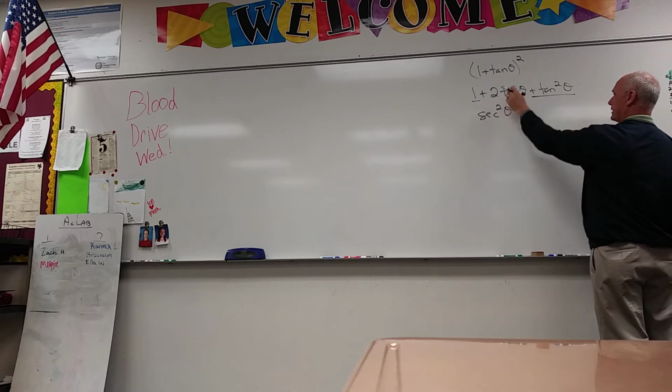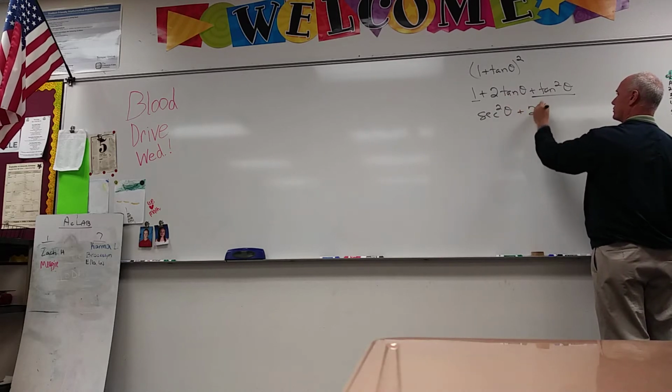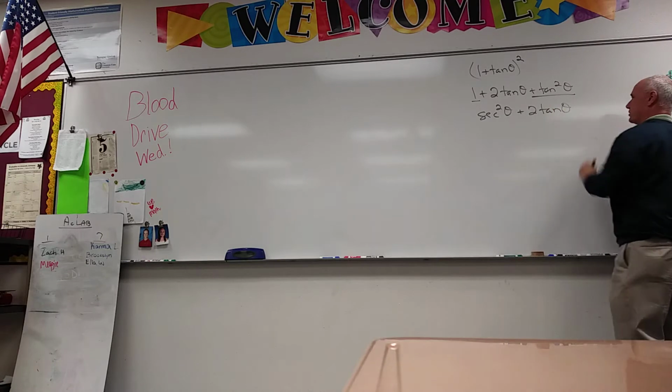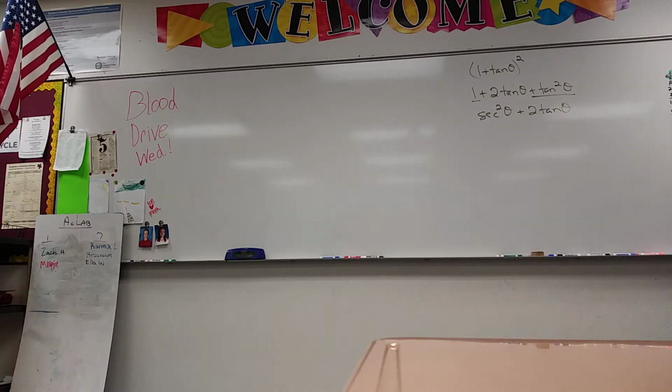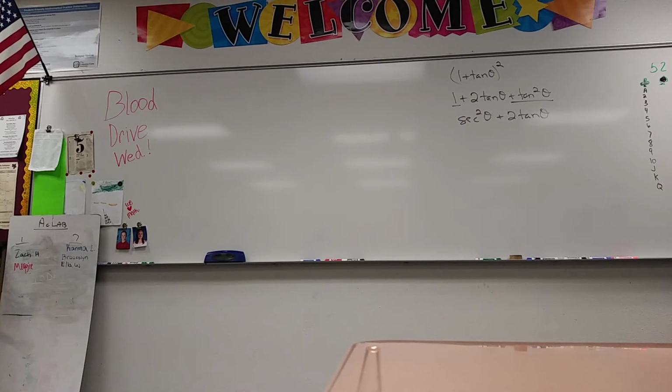So secant squared of theta plus 2 tangent of theta. And then I put it in terms of sine and cosine, for everything in sine and cosine. So we need to put stuff into sine and cosine.